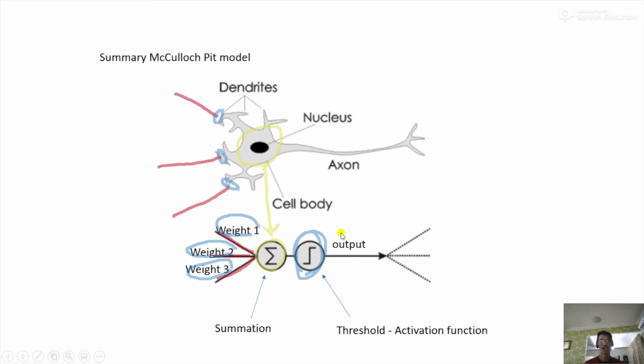Now, this is called the threshold. Above the threshold or below, setting the threshold, and we call it the activation function. Remember, this one we call the activation function, and this is the summation, meaning these three will be summed. Let's move to the next slides.